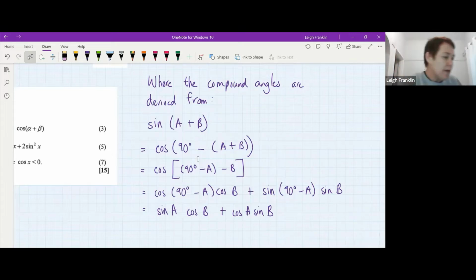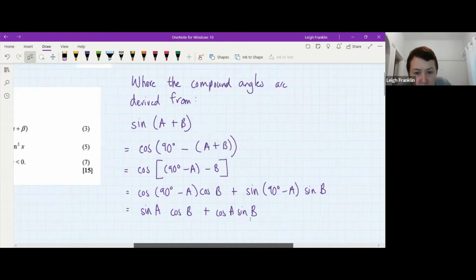Let's talk about sine A minus B. Okay, so I'm going to do that next to it over here.